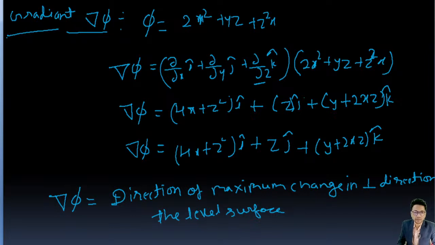I'll explain here. Suppose we have a given level surface. This is a level surface phi, right? And now we need to find out the gradient phi. So this is going to be perpendicular. This is a straight line, guys.